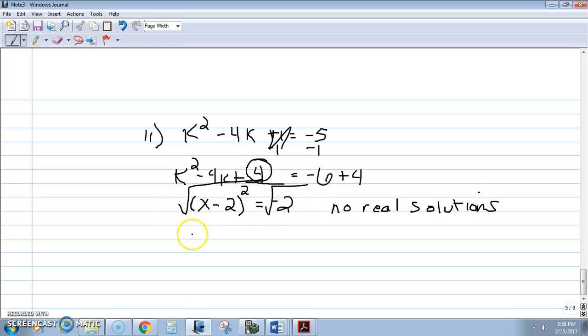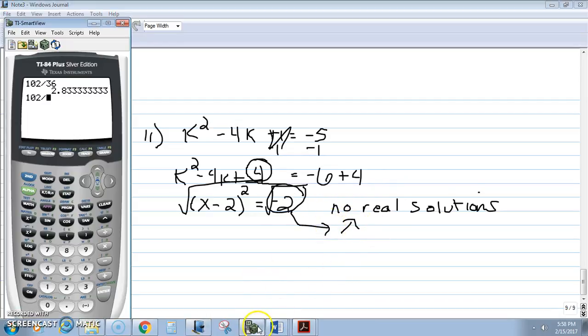And now I am taking the square root of a negative number, and there are no real numbers that answer that question. If you put it into the calculator, it gives you an error back, right? If I put in the square root, negative 2, it's going to yell at me. Error, non-real answers. It tells you non-real answers.